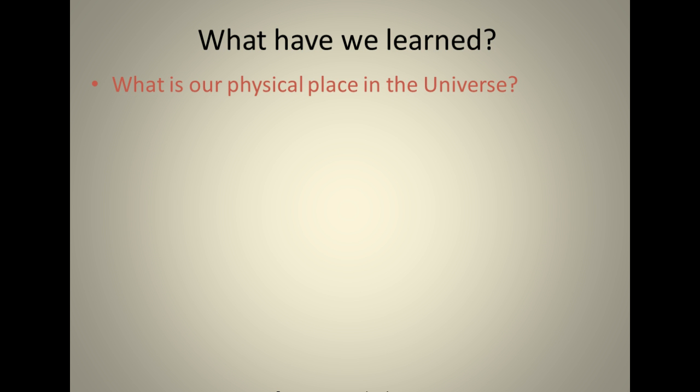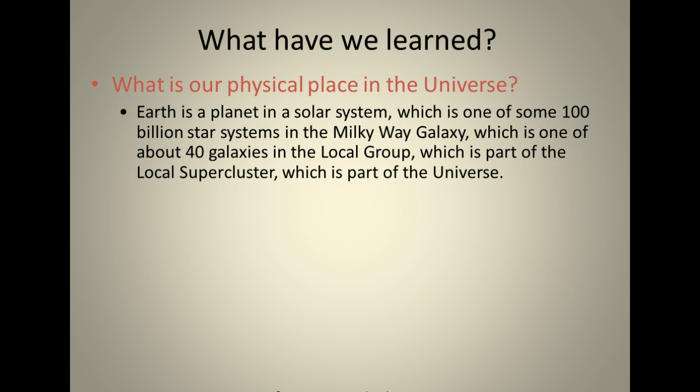All right, we started out asking the question, what is our physical place in the universe? And in that vein, we learned that Earth is a planet in a solar system, which is one of some 100 billion star systems in the Milky Way galaxy. So if you don't have that number, put that number in your notes. There are 100 billion star systems in the galaxy.